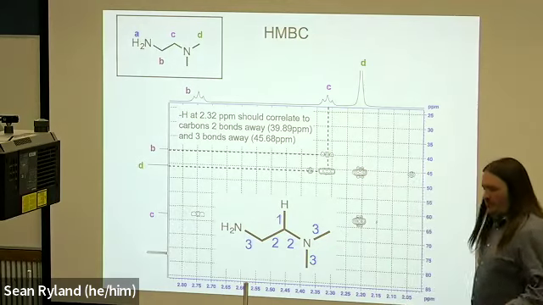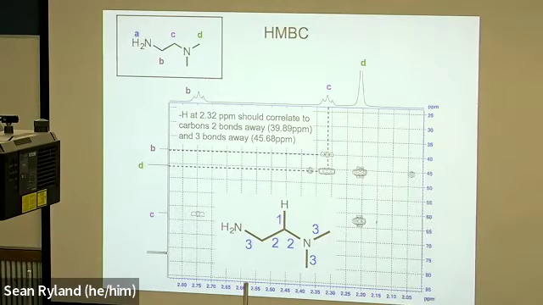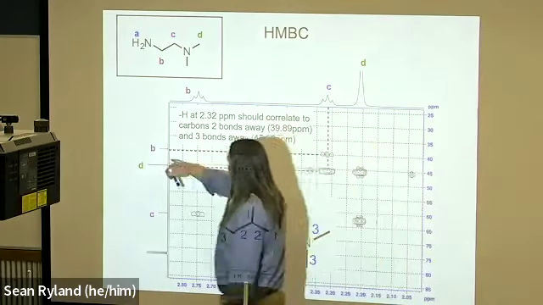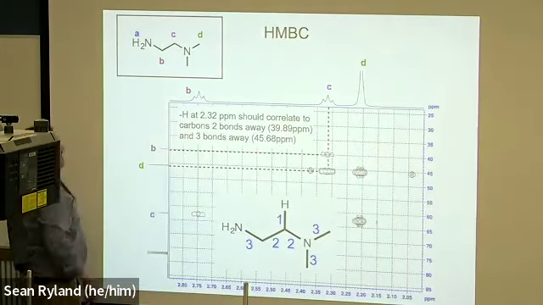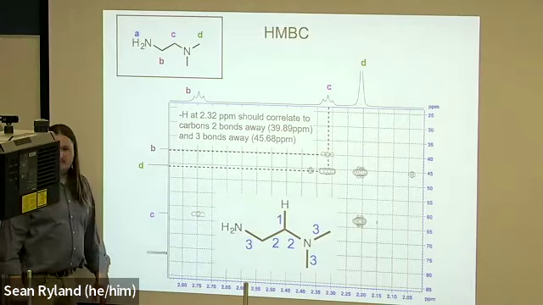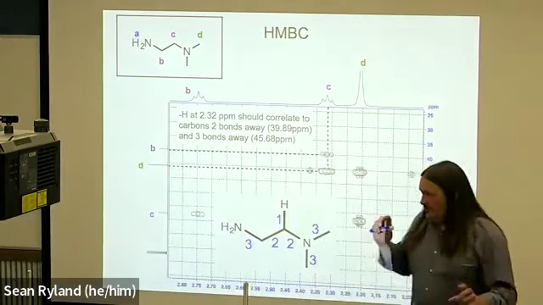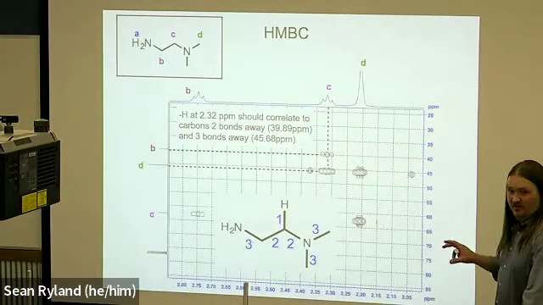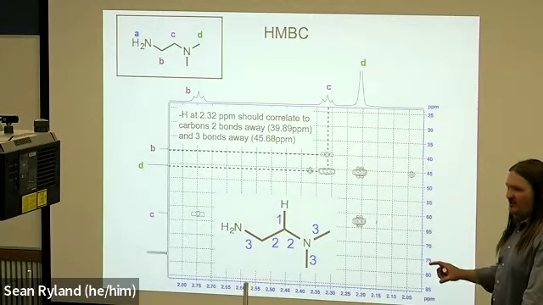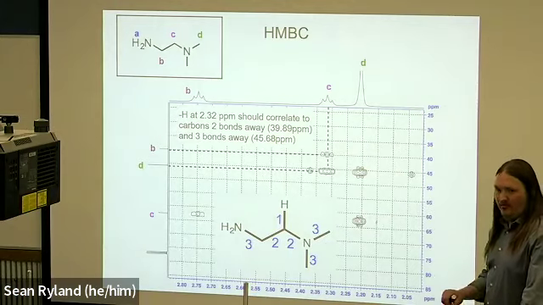All right, so if you already know the structure, this is just another way of cementing, okay, that peak at this many parts per million definitely is what I think it is. This is too complicated to really work out the structure overall, but it can be helpful on those substitutions. Like, where is that methyl group attached to a benzene ring?